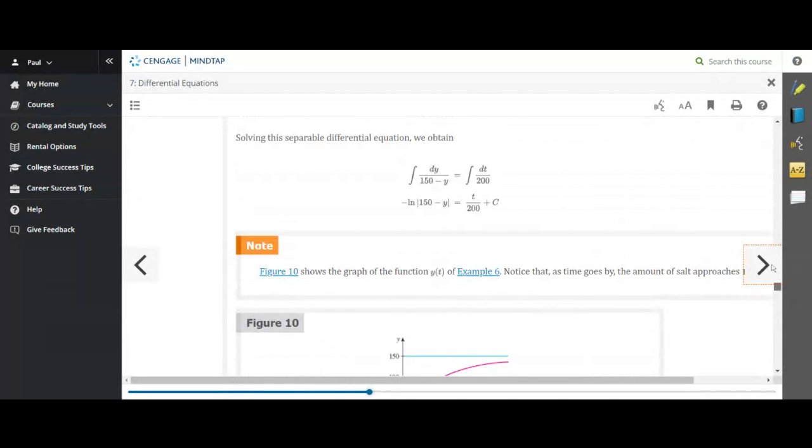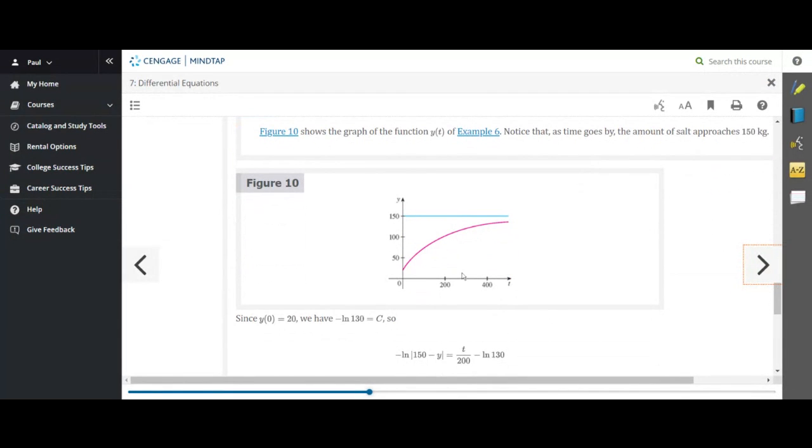One moment, class. Yeah, this is a picture of our solution. At t equals 0, you notice the salt content.